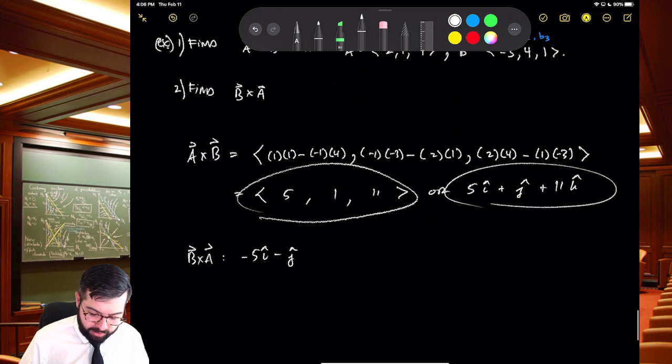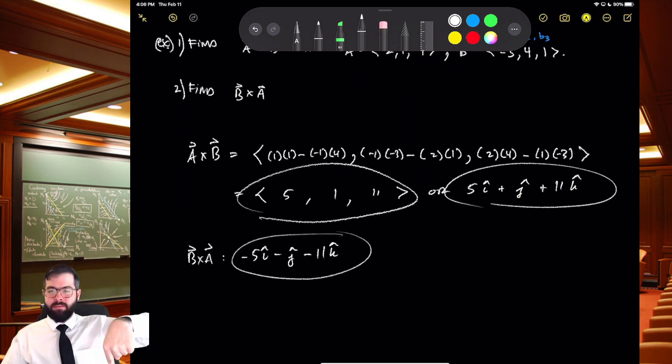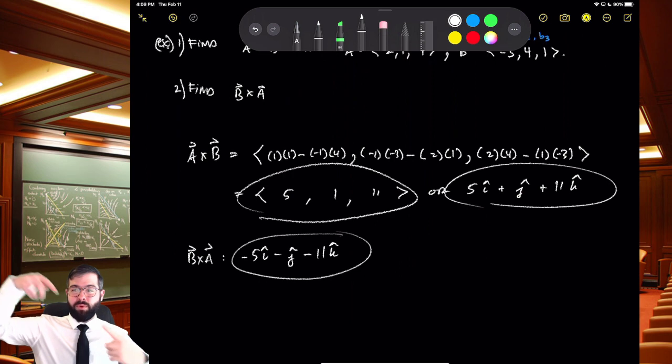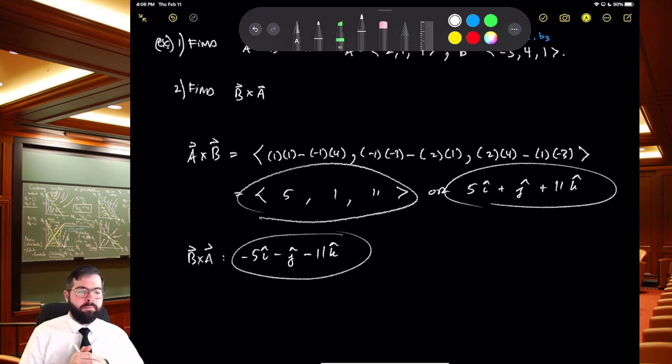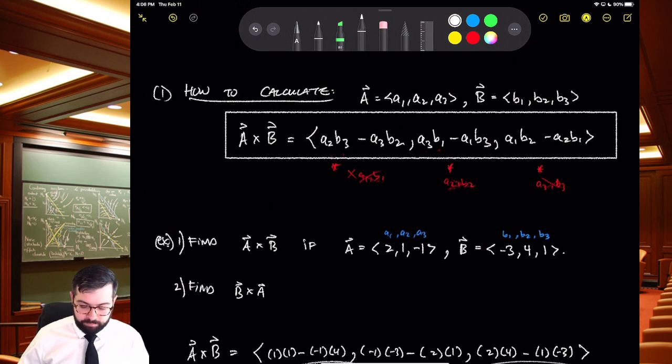We try to stay positive when possible, but this is negative everything. So it's the opposite. It's the vector pointing in the opposite direction, same magnitude. Parallel with a different sense, like I was talking about last time. So that's how you'd use the cross product formula.